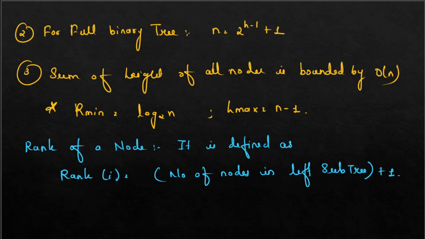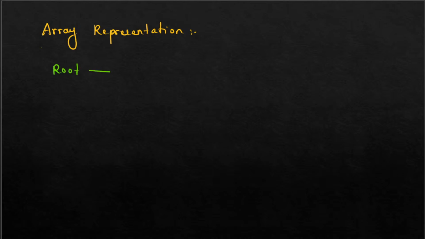Now let's discuss array representation for tree. The topic is array representation. The very first is root, which will be 1. Left child will be 2i. Parent, which will be floor of I by 2.